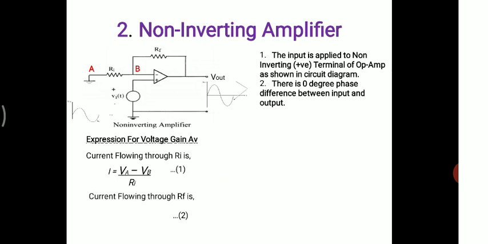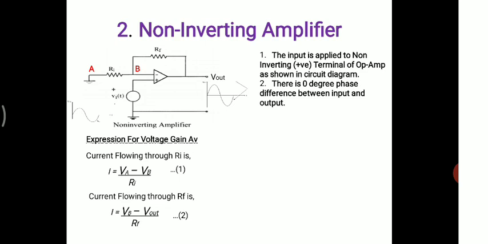Similarly, we need to calculate the current flowing through resistance Rf. Since the input impedance of the operational amplifier is very high, all the current flowing through resistance Ri will flow through resistance Rf only. Then the current I through resistance Rf can be calculated as phi B minus phi out divided by Rf.